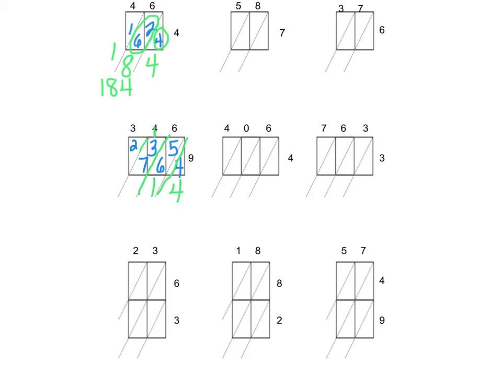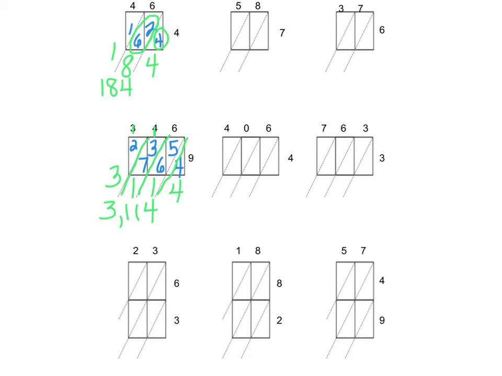And now I'm going to add along that diagonal. So I have a 1 plus 3 plus 7, which equals 11. Again, I'm going to have to regroup. Put that above the 2. 1 plus 2 is 3. So my answer there will be 3,114.